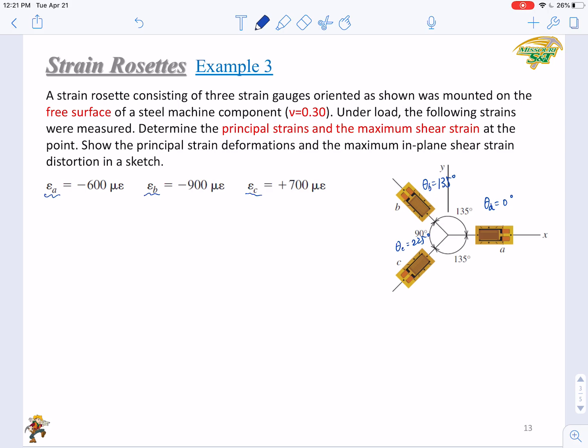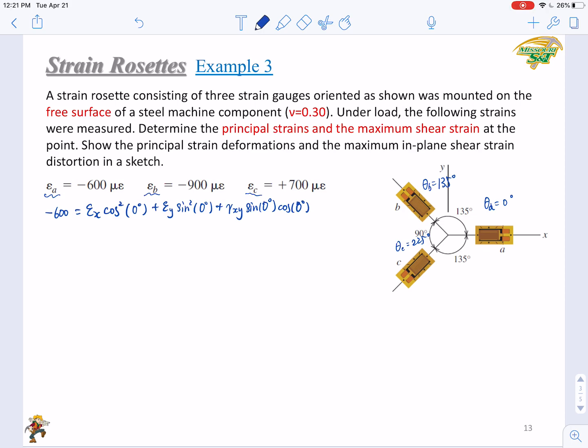The first one, epsilon A, that is negative 600, equals epsilon x cosine square theta A, that is 0 degrees, plus epsilon y sine square theta A, plus gamma xy sine 0 degrees cosine 0 degrees.